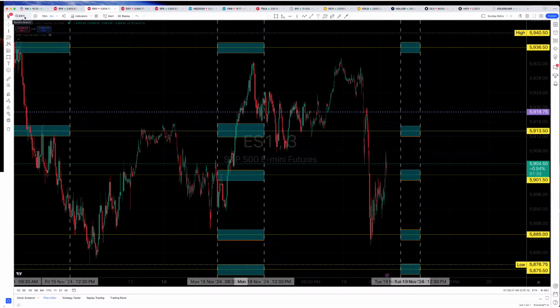And that pullback typically happens on what we call a market structural level. And so that's our real goal, is to figure out where those market structural levels are, because those present opportunities to get into the trending move at an opportune time, maximizing the amount that we might get on that next running move in the direction of the trend.